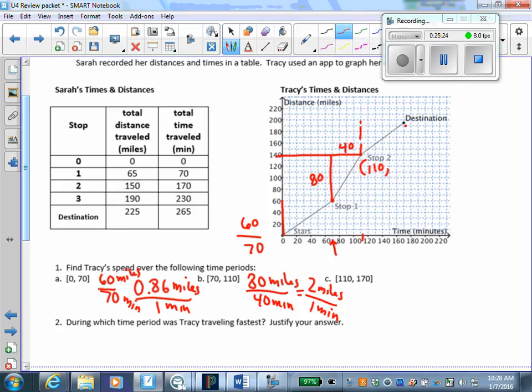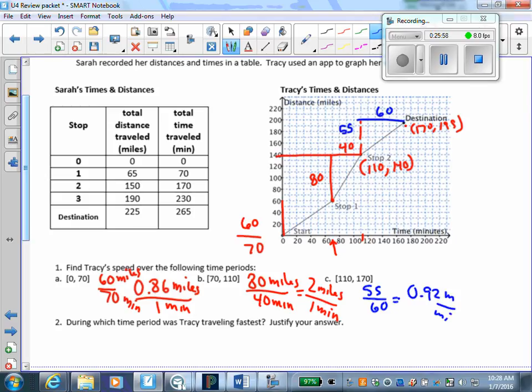And this is the point (170, 195). So it's going from 140 to 195. That's a change of 55. And it went over 60. 55 over 60. So 55 miles in 60 minutes. And that's about 0.92 miles per minute.